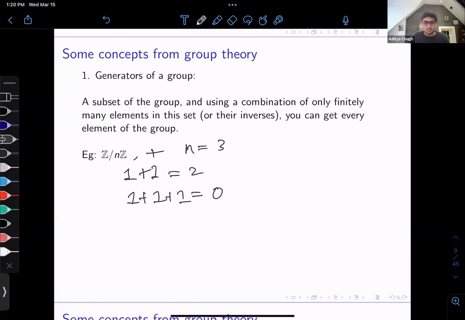So here you just have one element, which is 1, and the relation here is that if you add 1 three times, it cycles back. So that's a relation, and this way you'd be able to get 1, 0, and 2.